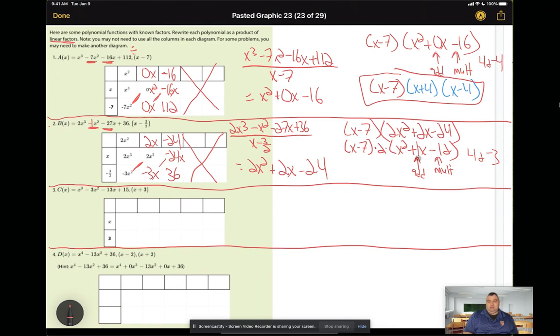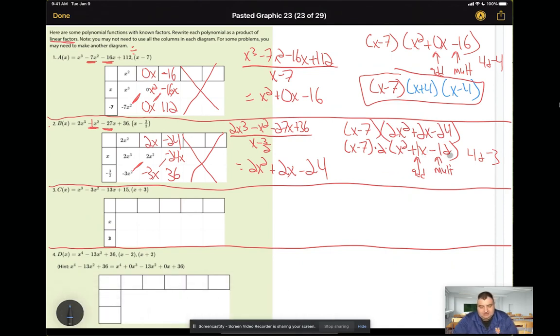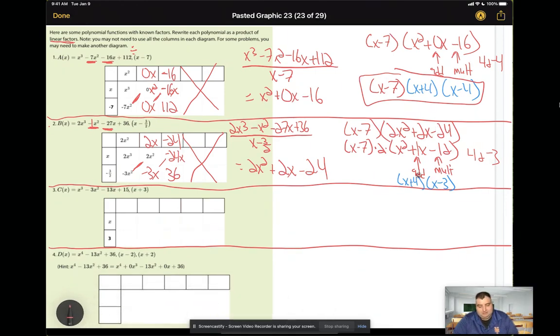Because 4 plus negative 3 is 1, and 4 times negative 3 is negative 12. So x squared plus x minus 12 breaks down into x plus 4 and x minus 3. If I put everything together, I'm going to have 4 factors total: x minus 7 times 2 times x plus 4 times x minus 3. And that is your answer to number 2.